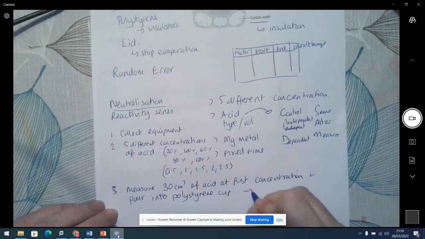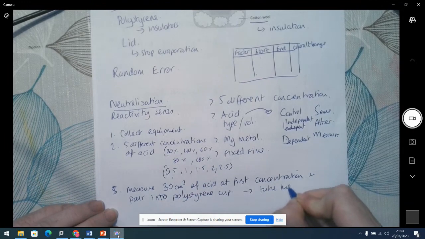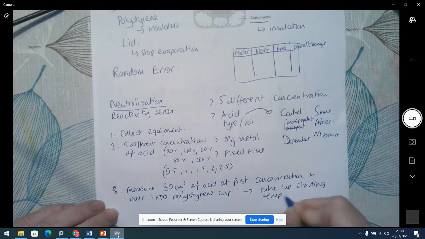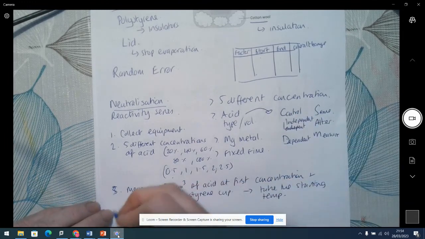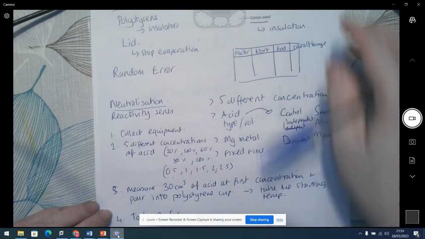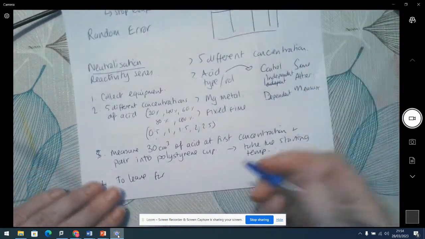Okay, I would then take the temperature and write that on my table, and then the next step would be to leave for, you could make a time up, or you could say until it reaches the highest temperature.